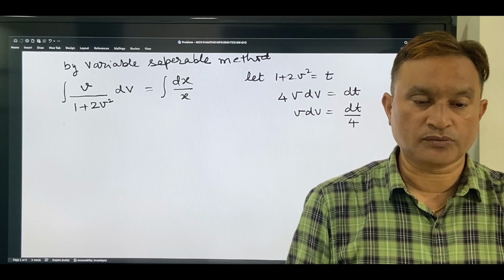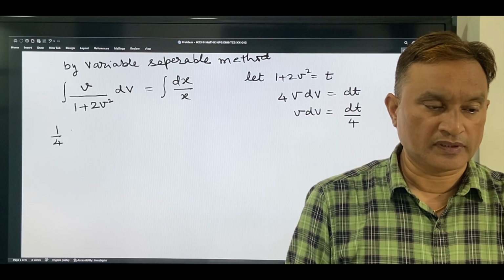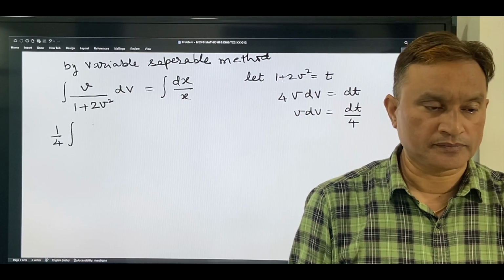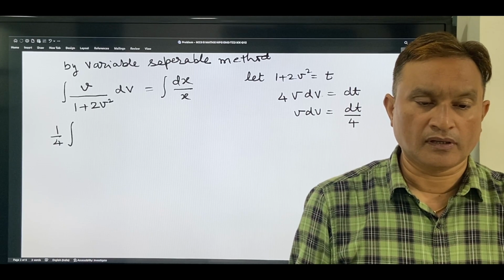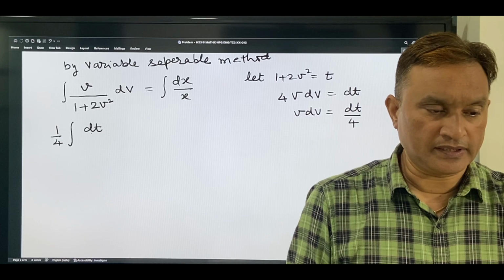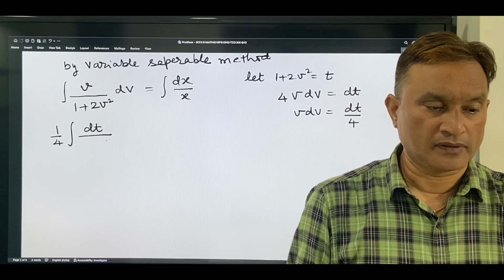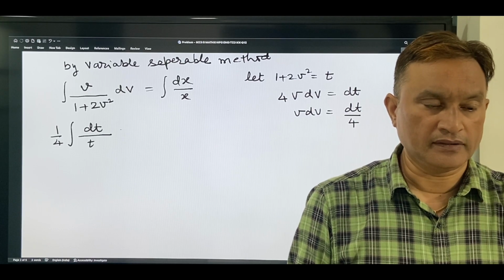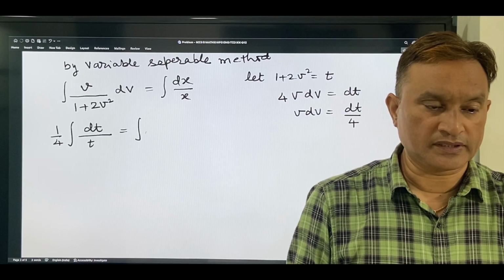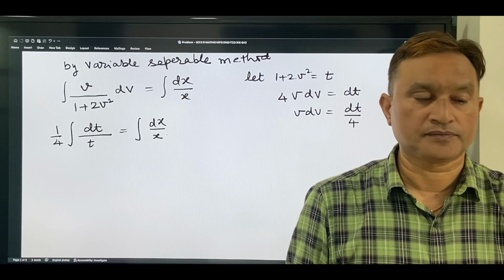So we will substitute here 1 upon 4 integration of dt upon t equals integration dx upon x.